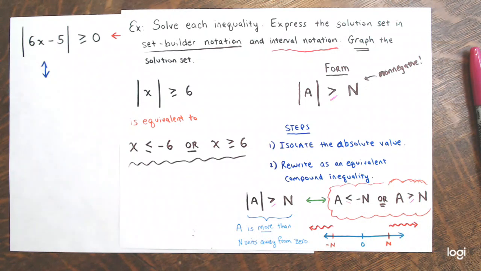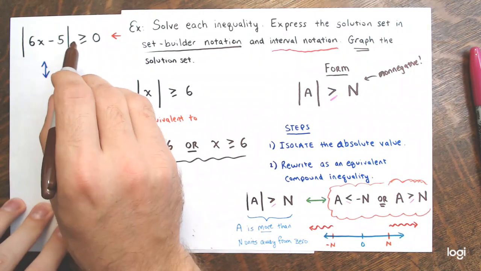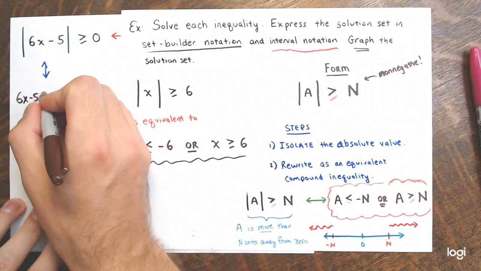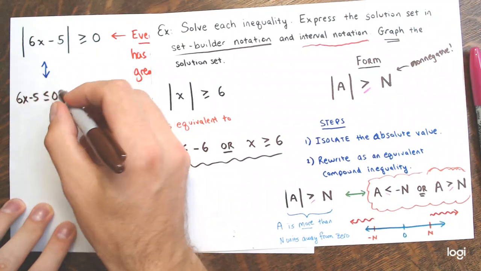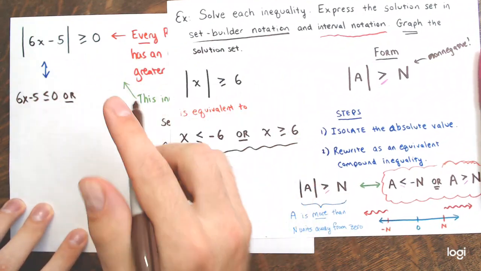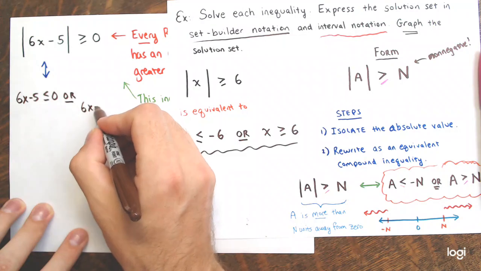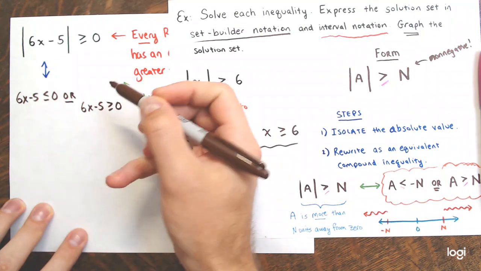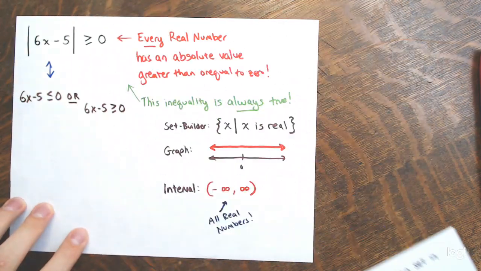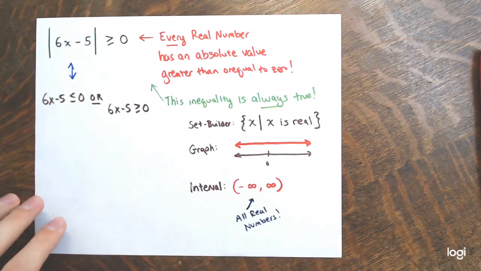What numbers have an absolute value greater than or equal to 0? Well, any number less than or equal to 0 would, so 6x minus 5 could be less than or equal to 0, or any number greater than or equal to 0 would as well. 6x minus 5 could also be greater than or equal to 0, and all I'm doing is translating to this equivalent compound inequality with the word or from my first page in this video.